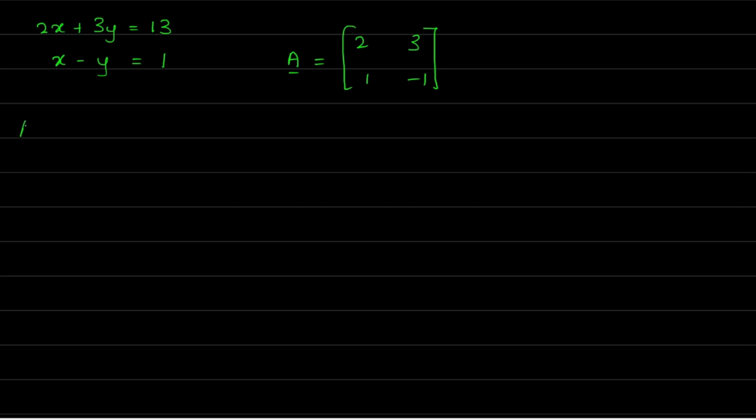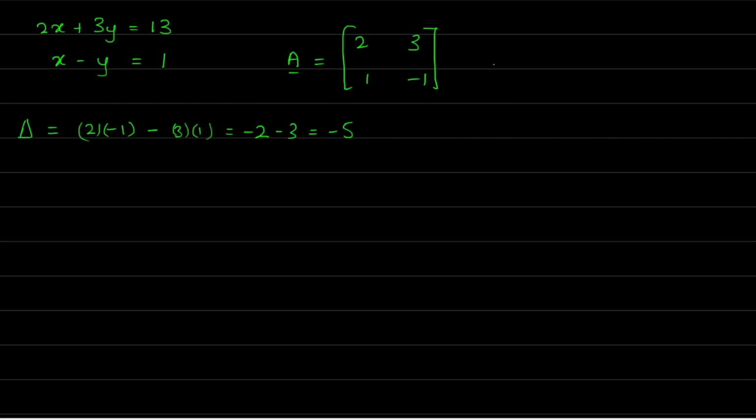And then we know that delta, being the determinant of A, is going to be equal to 2 into minus 1 minus 3 into 1. So that's going to be equal to minus 2 minus 3, which is equal to minus 5.